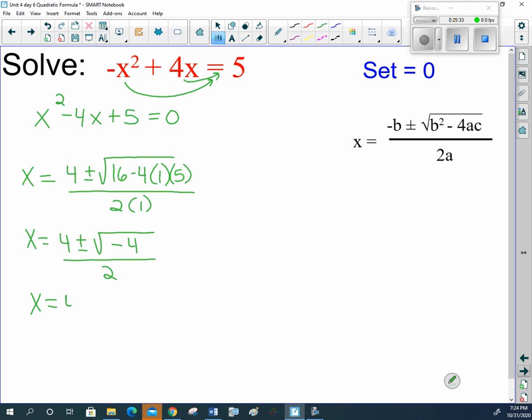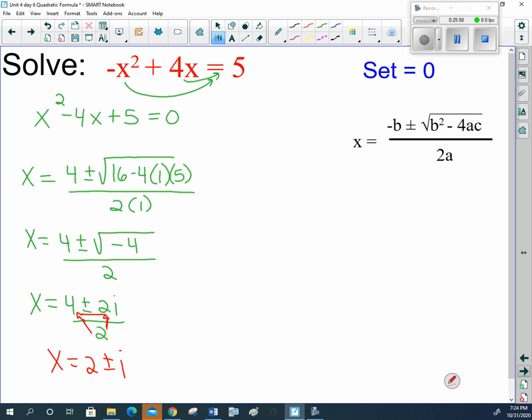So x equals 4 plus or minus, now the square root of negative 4 is 2i, divided by 2. Now this is what I call the triangle right here. That 2 has got to see how it kind of makes a triangle. That 2's got to divide into both of those numbers, and it does. So I'm going to go ahead and reduce that to 2 plus or minus 1i.